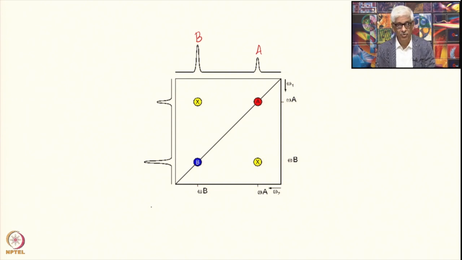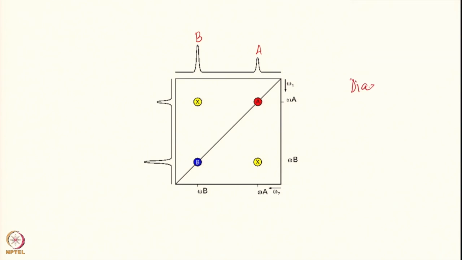Okay. So, therefore, these are called the diagonal peaks. Okay. So, the diagonal, if you want to look at it, essentially represents the 1-dimensional spectrum, the 1D spectrum.